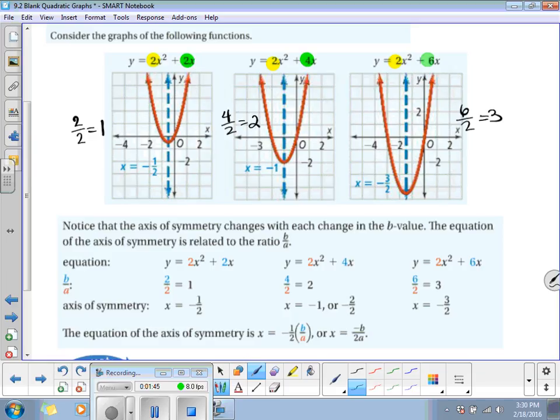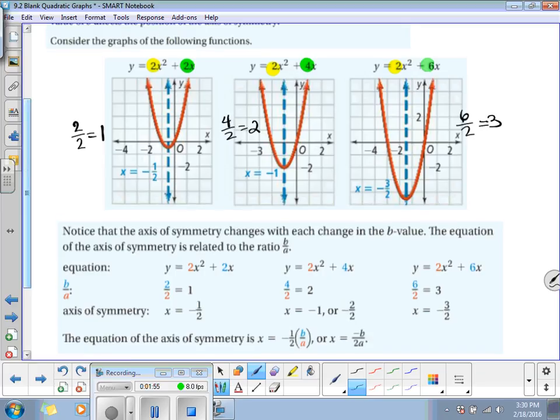And this one is 3. Now, I want us to take a look at where the axis of symmetry is. The axis of symmetry is this blue dotted line. So, this axis of symmetry is at x is equal to negative 1/2.